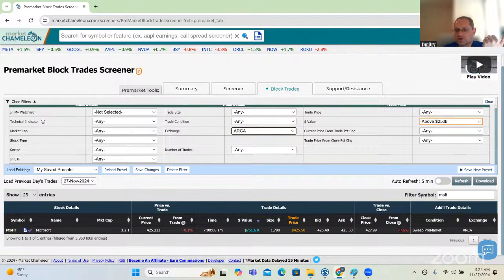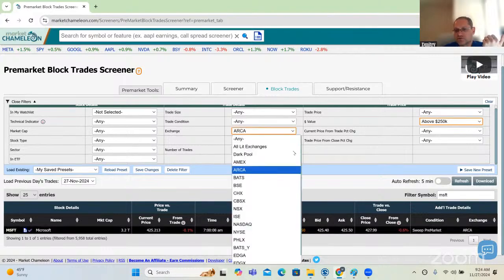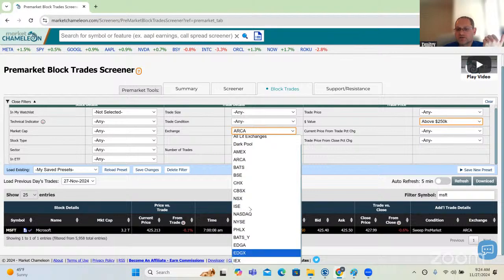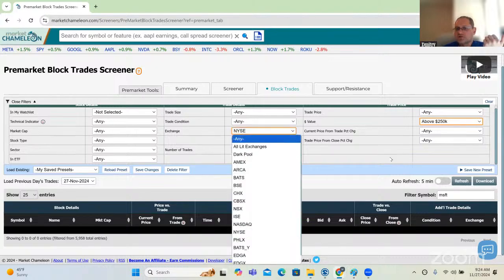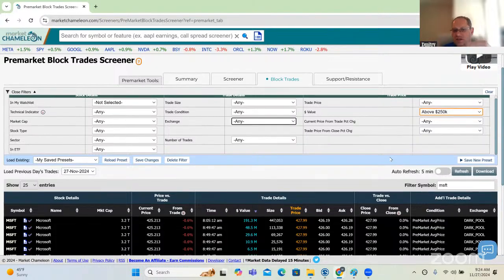So here's one on the ARCA exchange, and so forth. Here's New York Stock Exchange, and nothing there. So it's a way to keep digging deeper and deeper into those pre-market trades, to get a better understanding of what is going on, where this volume is coming from, and how things are trading.